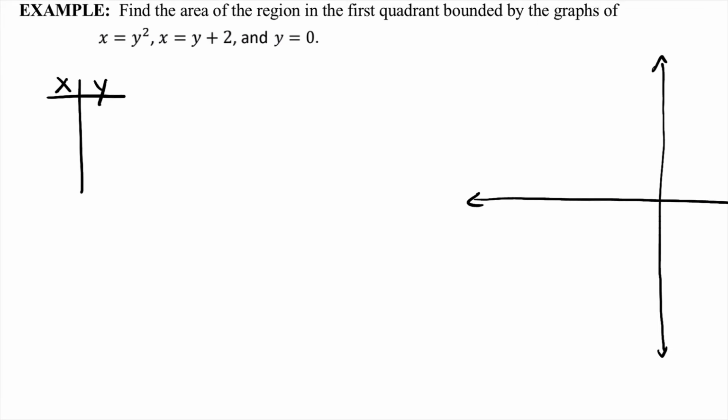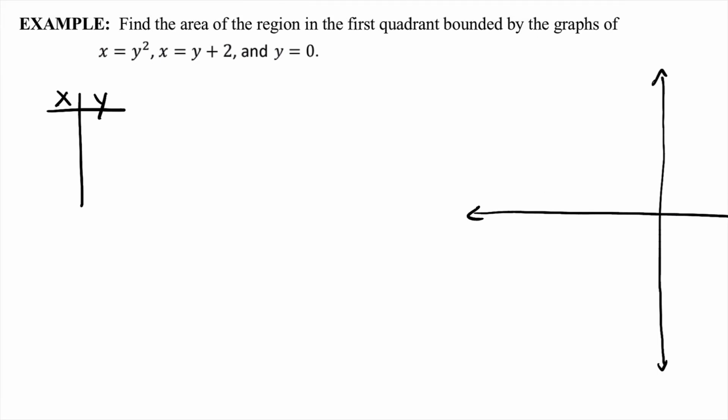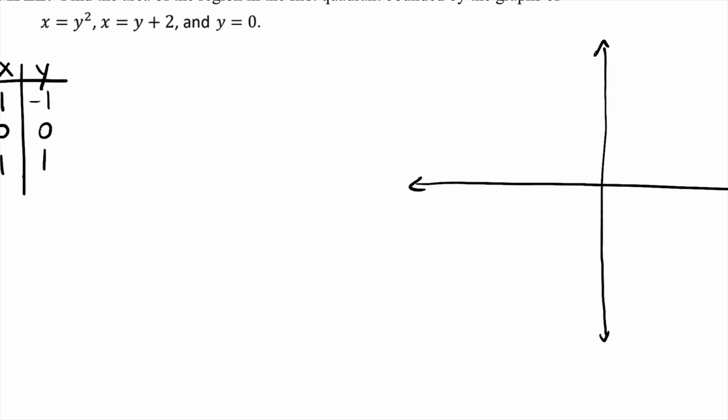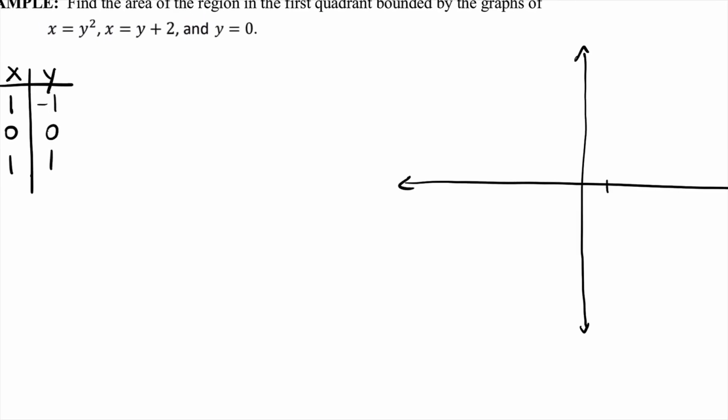Let's plug in some numbers and see what happens. How about -1, 0, +1? So -1 squared is +1, 0 squared is 0, 1 squared is 1. Let's see what kind of picture it comes up with. 1, -1. 0, 0. 1, 1.